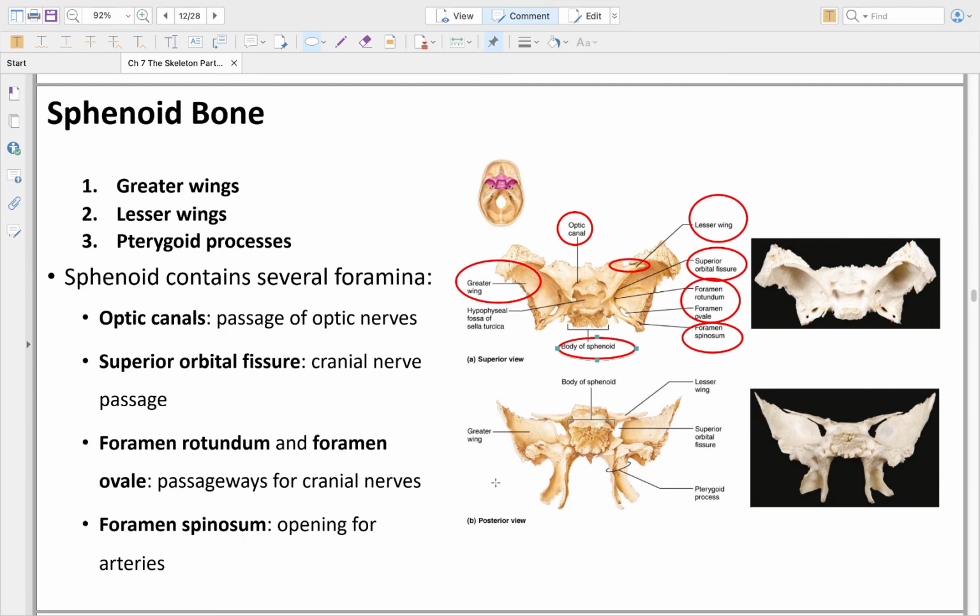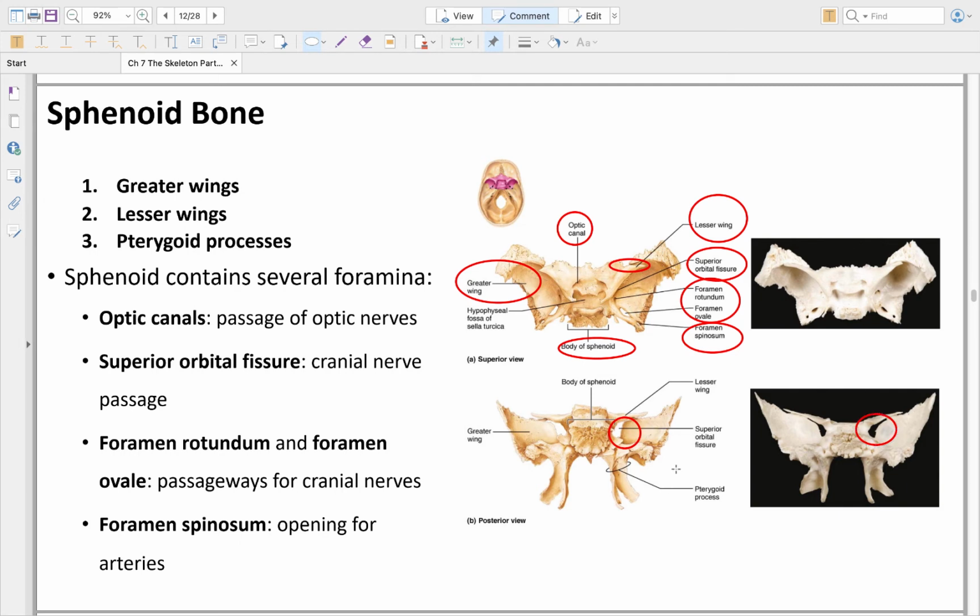Okay, if we flip it over and look at the posterior side, there's the lesser wing, greater wing, and you can see the superior orbital fissure quite well, actually. There it is. It's huge on this side, and you can see it in this picture too. And when we flip this to the posterior view, we see these two structures hanging down.